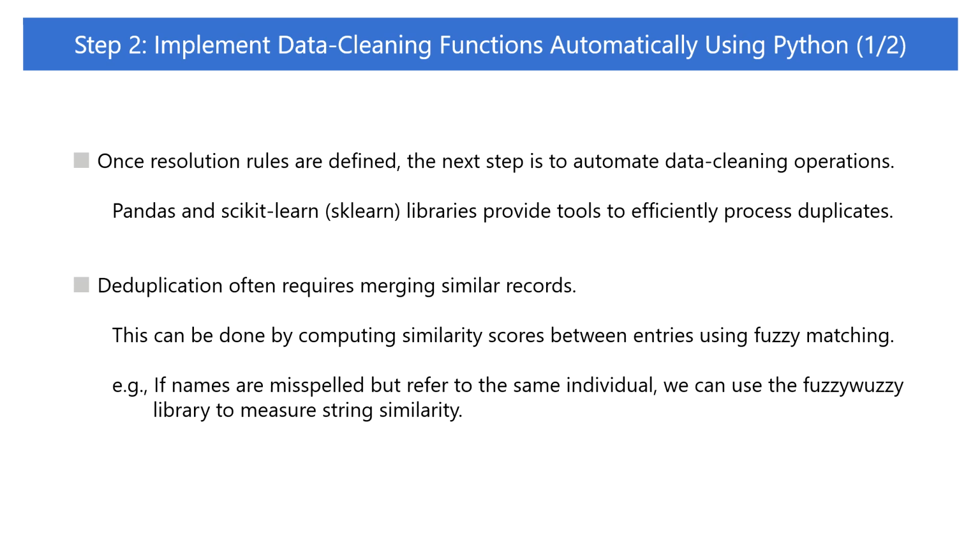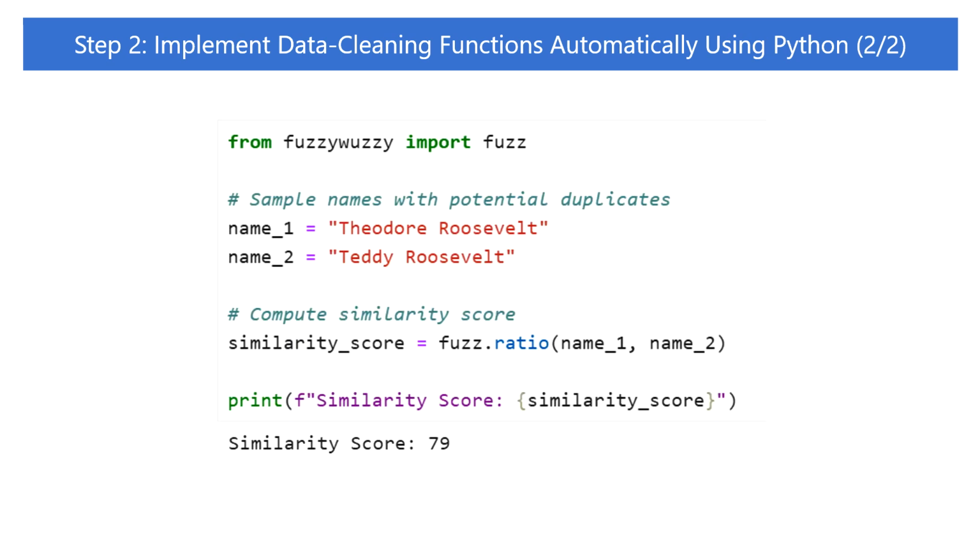For example, if names are misspelled but refer to the same individual, we can use the fuzzywuzzy library to measure string similarity. This code uses the fuzzywuzzy library to compare two names and calculate their similarity score based on the Levenshtein distance.